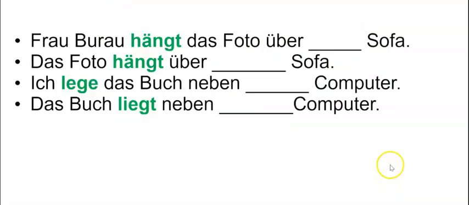Now, do the same thing for these 4 sentences. You must first write the gender over the nouns, der, die, das, but put masculine, feminine, or neuter, M, F, or N. Then underline the verb, hint, hint, hint, they're highlighted on this page.